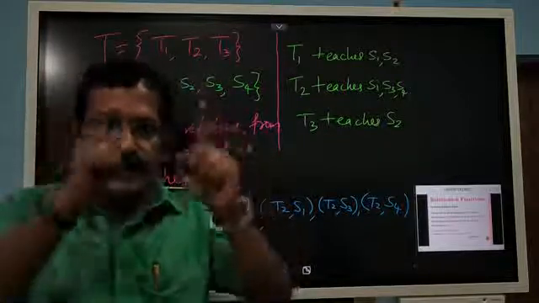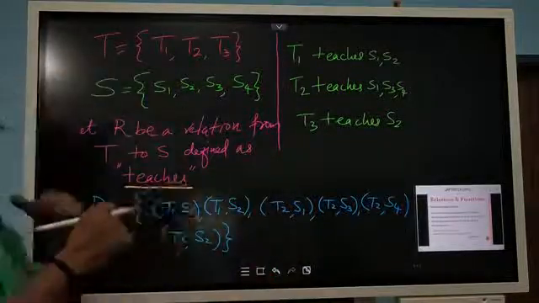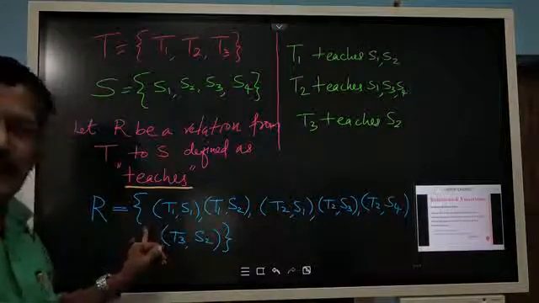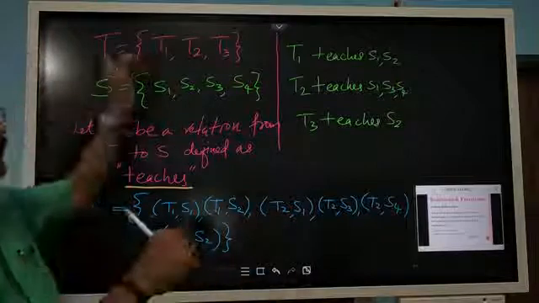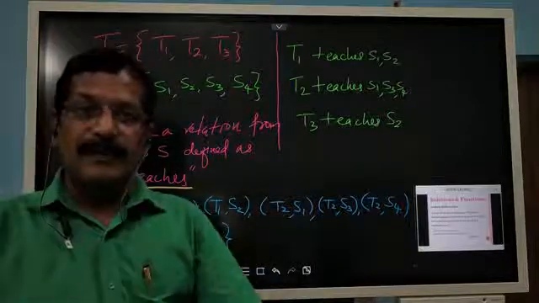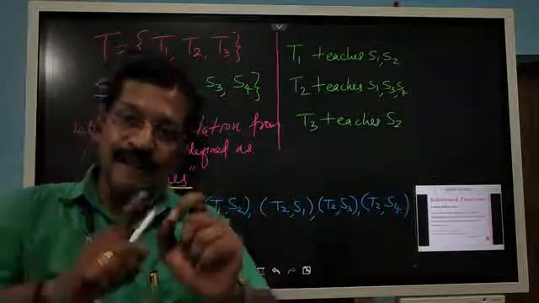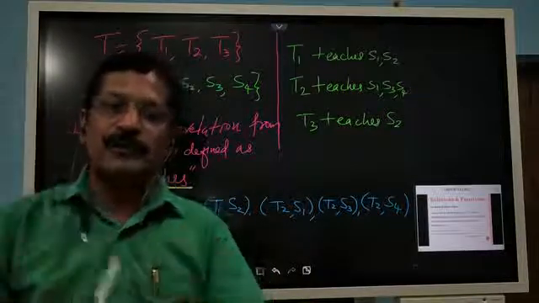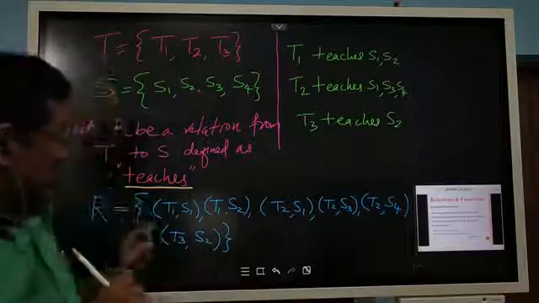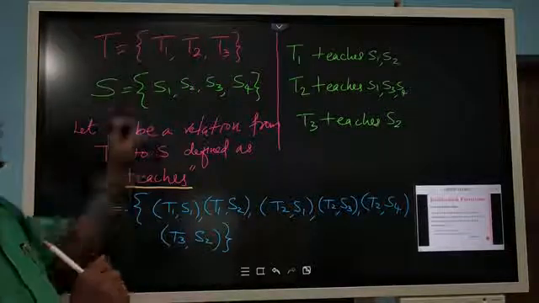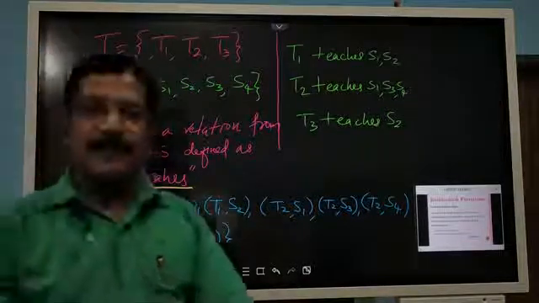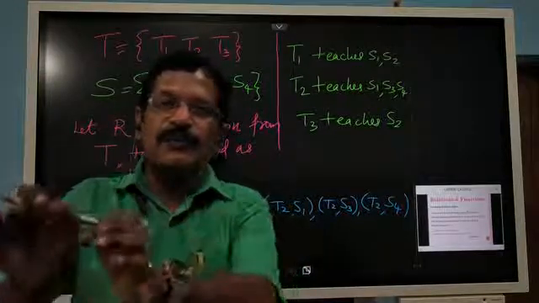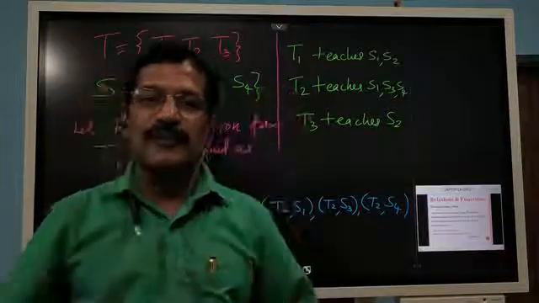Think about that T cross S and this R. Every element of this set R is an element of T cross S. If every element of a set is an element of T cross S, then this will be a subset of T cross S. So this relation R is a subset of T cross S. It means that a relation from T to S is a subset of T cross S.